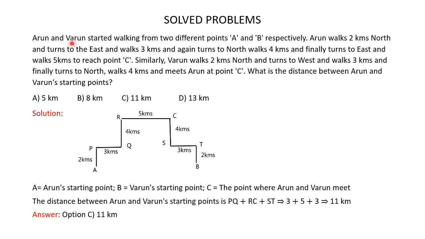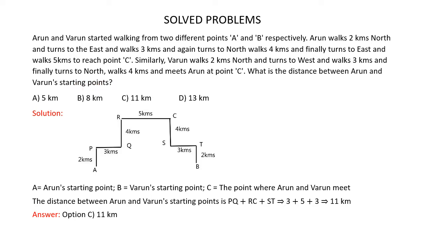Arun and Varun started walking from two different points A and B respectively. Arun walks 2 kilometers north and turns to the east and walks 3 kilometers and again turns to the north and walks 4 kilometers and finally turns to the east and walks 5 kilometers to reach point C. Similarly, Varun walks 2 kilometers north and turns to the west and walks 3 kilometers and finally turns to the north and walks 4 kilometers and meets Arun at point C. What is the distance between Arun and Varun's starting points?